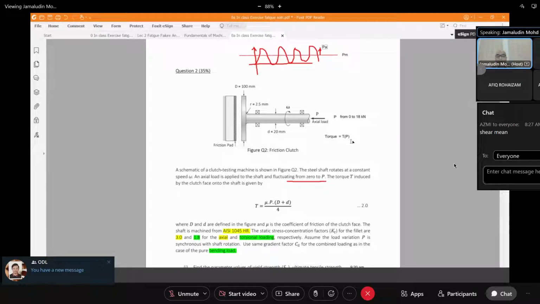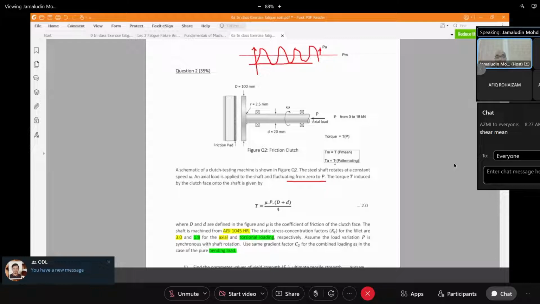This causes us to have tau mean when P equals the mean, and tau alternating when P equals the alternating. A stands for alternating, so write the full word here, that's the best way. All right, mean, and this one will be alternating. P alternating and P mean.